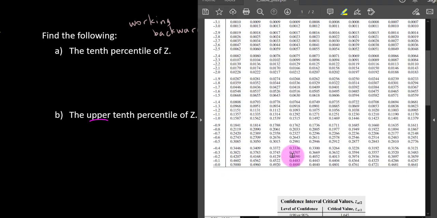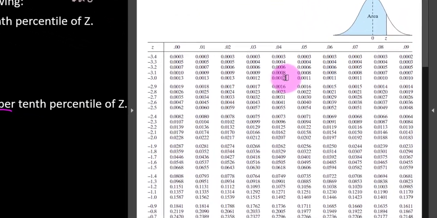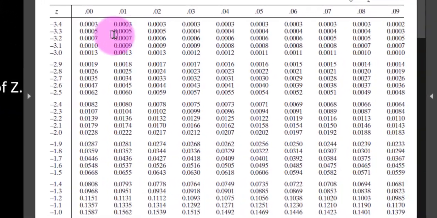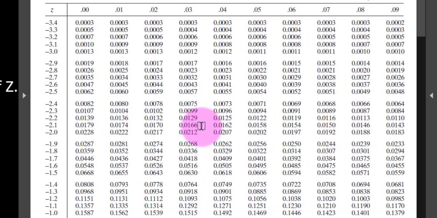Here we go. And 0.10, that's going to be in the left tail, so I am on the negative side here, and I am looking for 0.10. Where are you? I'm getting close. I believe I've found the probability here. It's a little bit bigger.